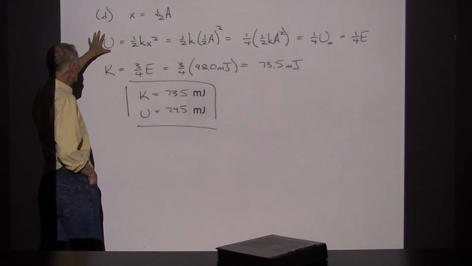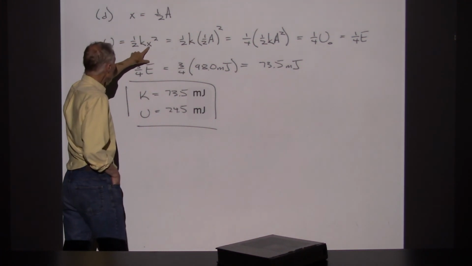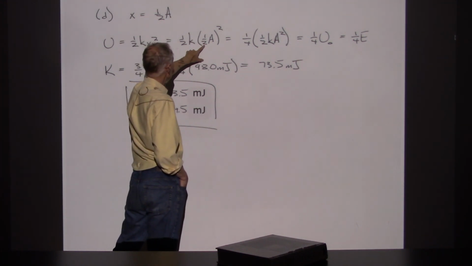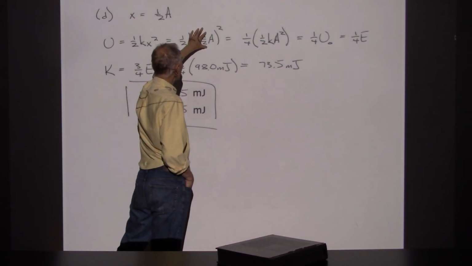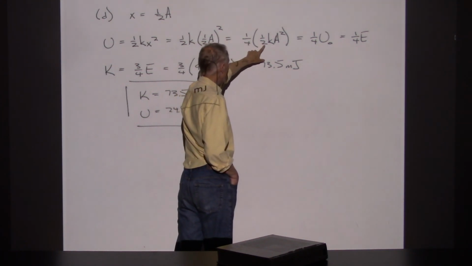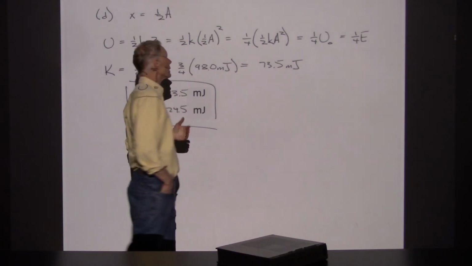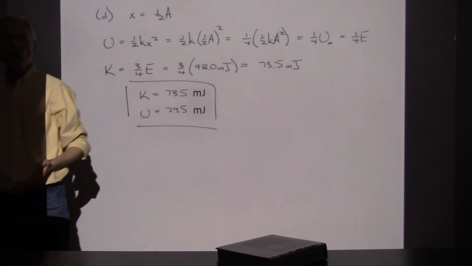And the potential energy then would be 1/2 kx squared, where x is equal to 1/2 a. Bringing out those factors of 1/2 gives me a 1/4 times 1/2 ka squared. It says that would then be 1/4 of the total energy.